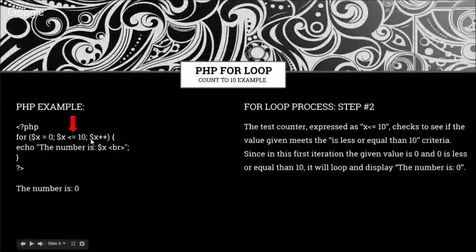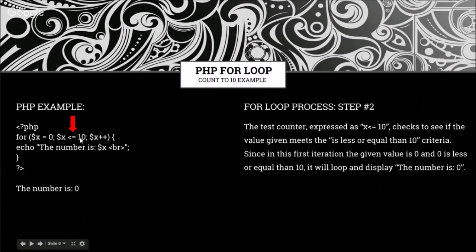And then the next step is the test counter. Here in this example, we're going to count to 10, so it's making the condition that if this variable is less than or equal to 10, then include it. It's a true statement, so it's going to pass the loop.